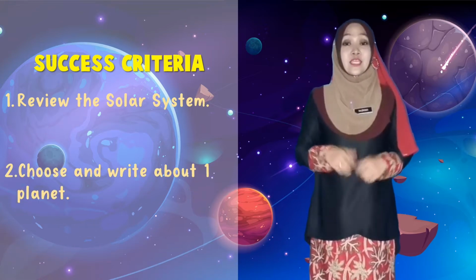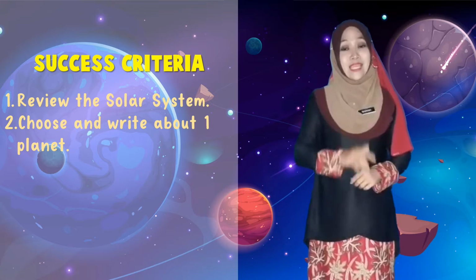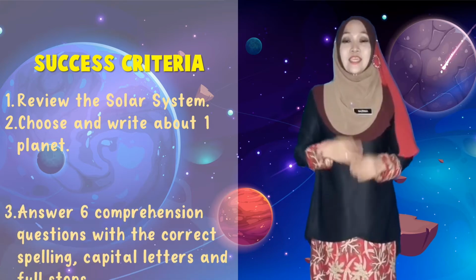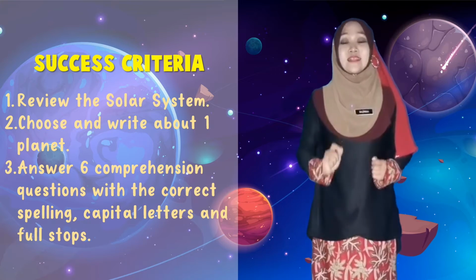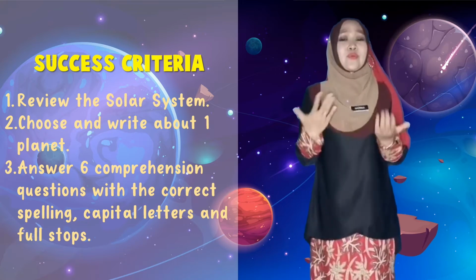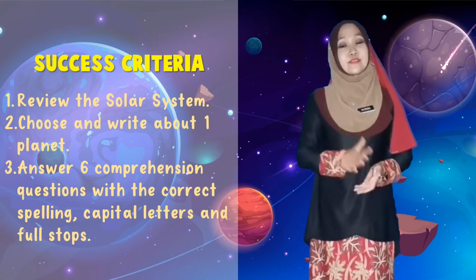Number 2, you can choose and write about one planet. And number 3, you can write the answers for 6 comprehension questions with the correct spelling, capital letters, and full stops.